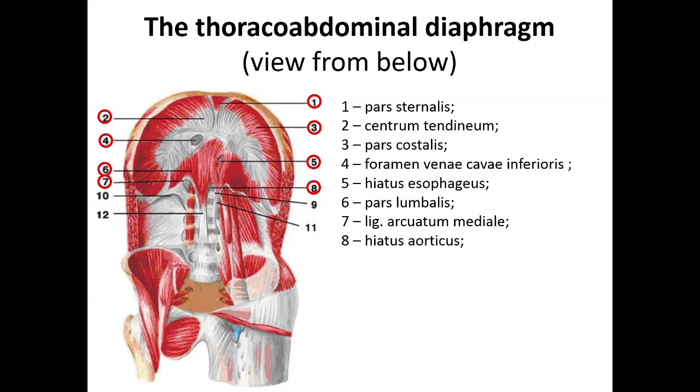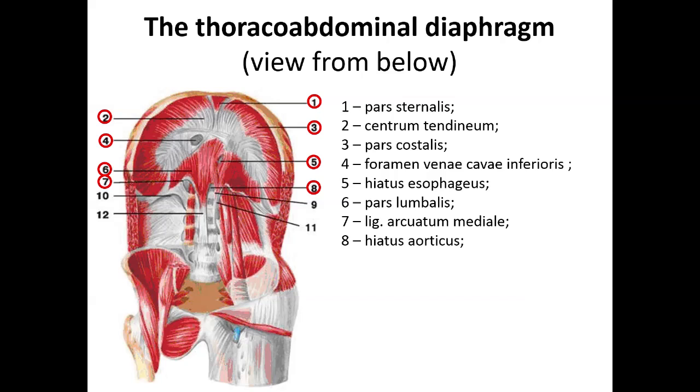Number 7 is ligamentum arcuatum mediale, which is paired, right and left, and between two crura surrounding hiatus aorticus, we can find ligamentum arcuatum medianum, which is impar.